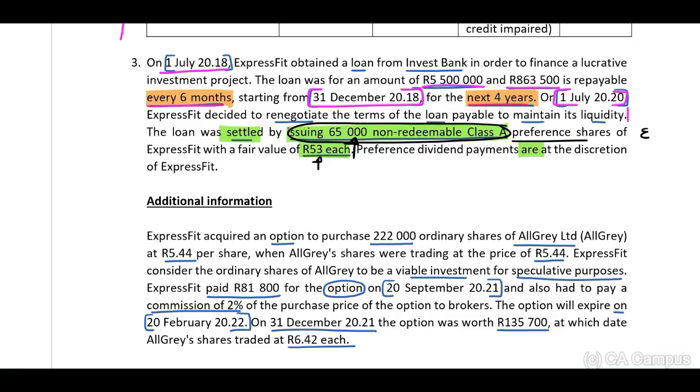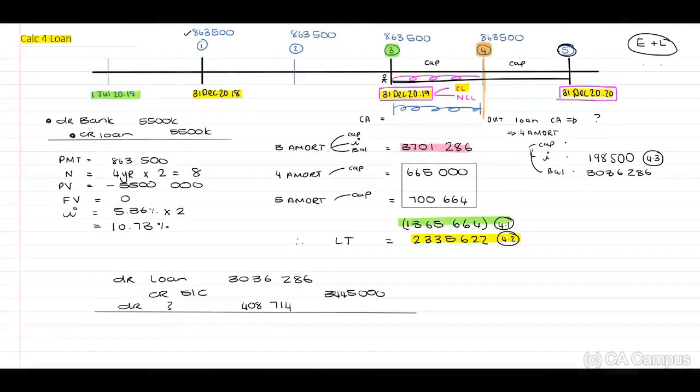Okay, now guys, in this scenario, they indicate to us that they settle the loan by means of issuing our preference shares. Okay, so if we look at a journal, we will have to debit the loan account with 3,036,286. We credit the share capital 344,500. But what will happen with this balancing figure? Now, in terms of IFRIC 19, we will have to recognize this as an expense in our profit and loss.